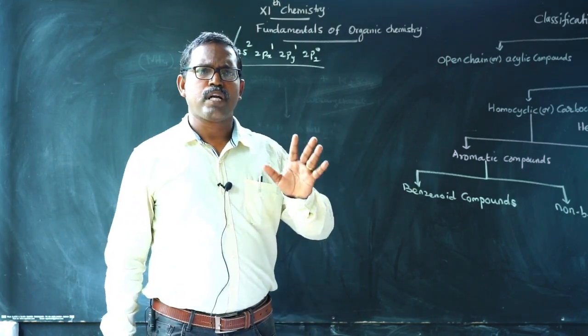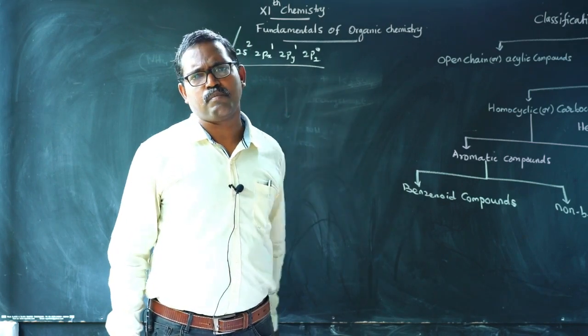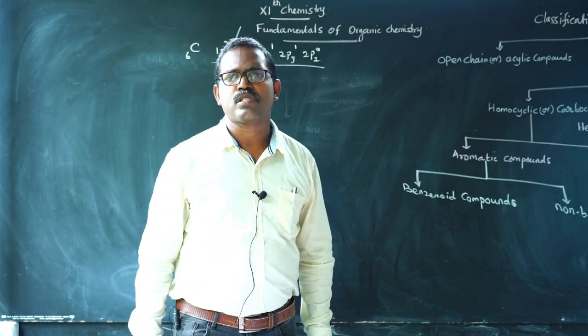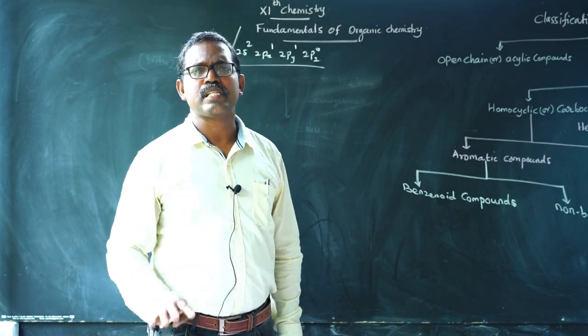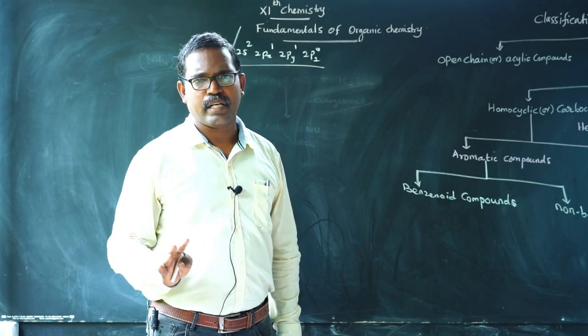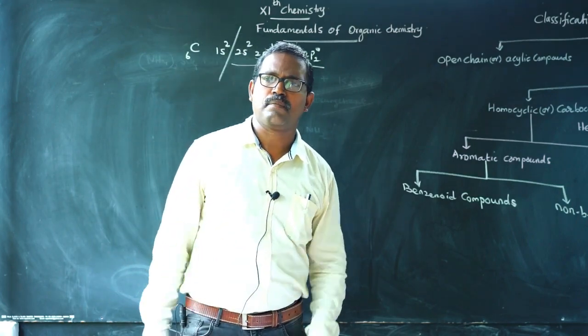So carbon mostly forms covalent compounds. How are these covalent compounds formed? Covalent compounds are formed by the mutual sharing of electrons with neighboring carbon atoms or other elements.